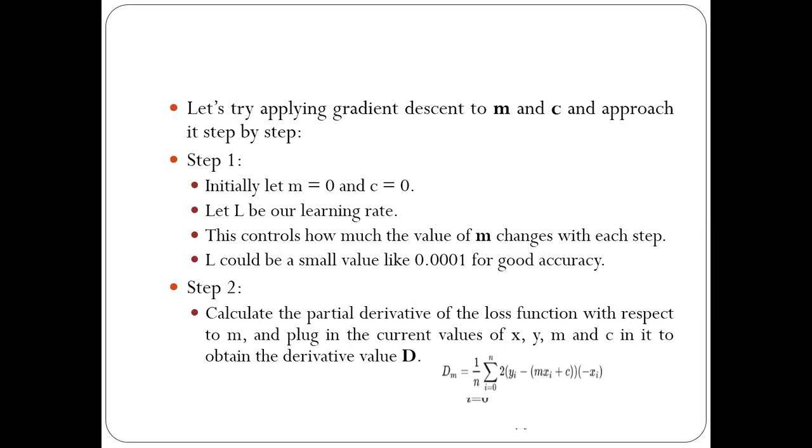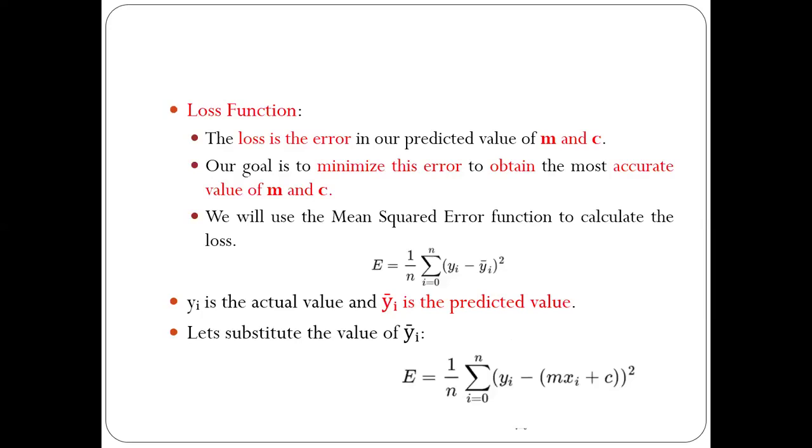Step 2 is finding the value for dm and dc. In order to get the value for dm, we need to partially derive the error function with respect to the coefficient m. So consider this particular term, it becomes mx square.